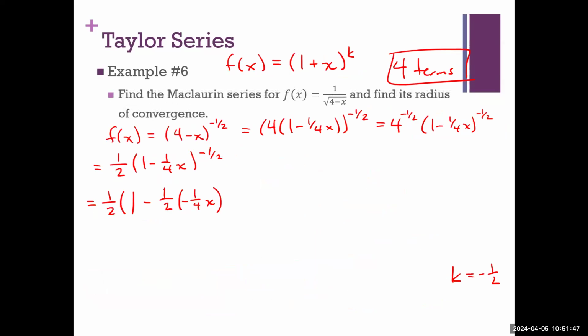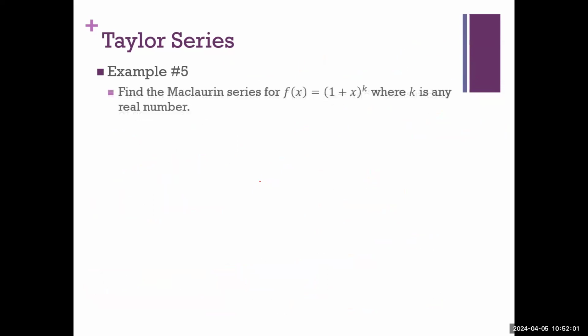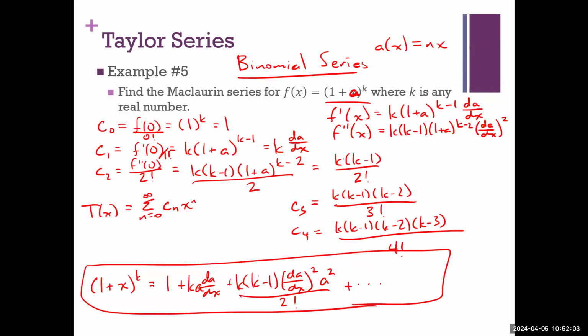Yeah, it should be 1/2 times, well, that's the k, 1/2 times. I'm just confused whether it's x times da dx or a times da dx. So based on how we defined a, let's look at it again. Maybe I should start with, let's pick a new slide.